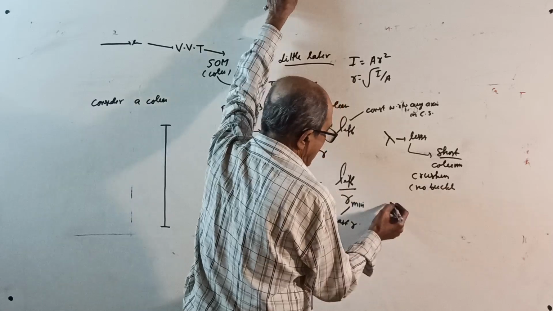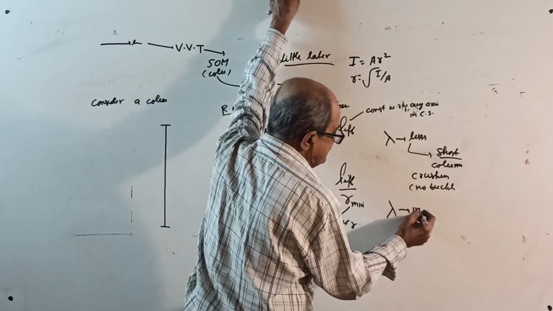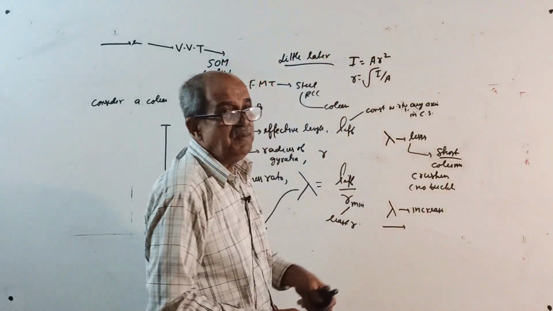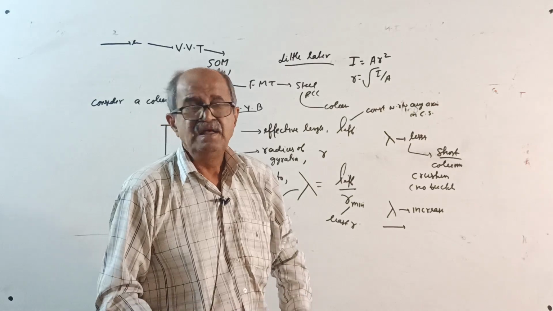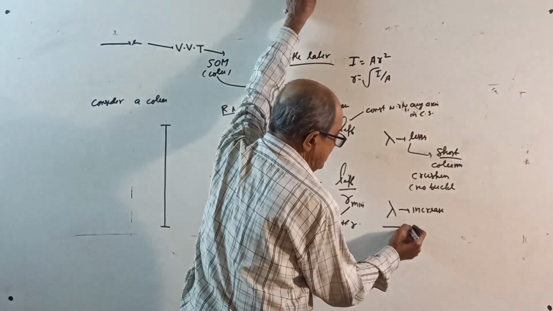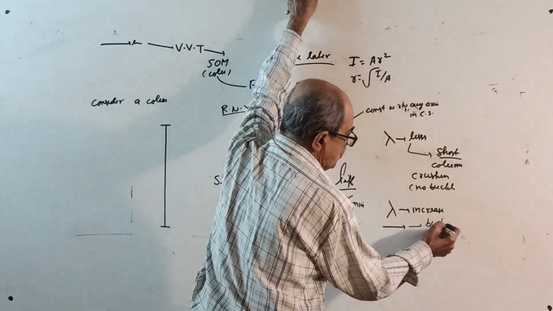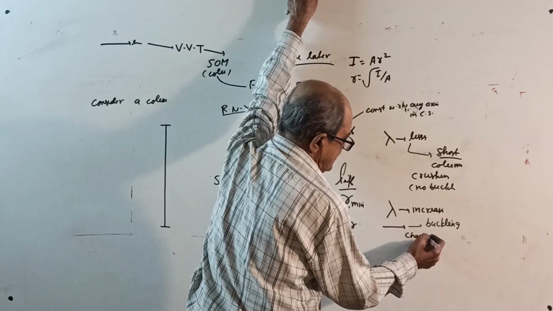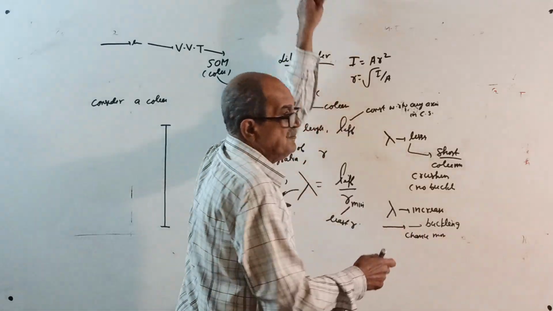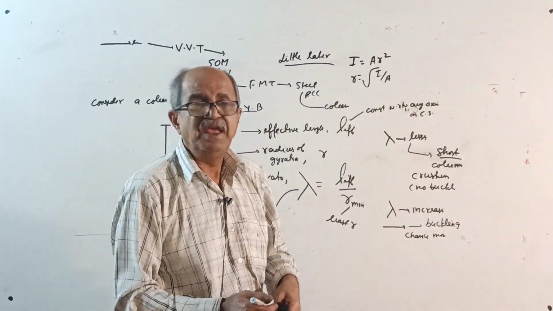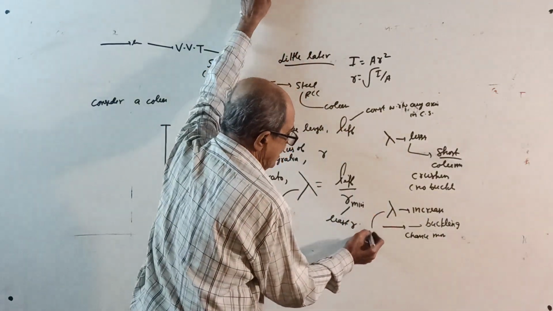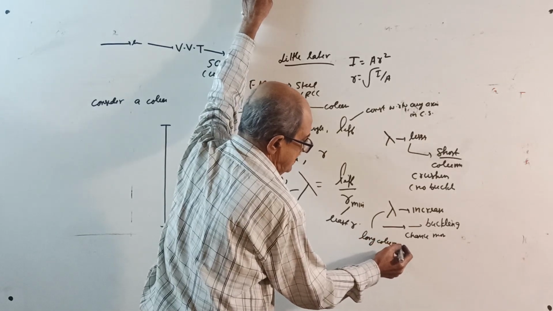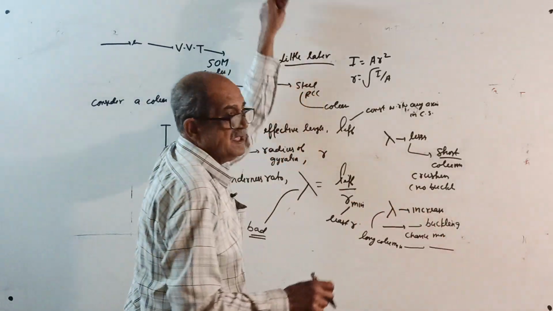And as lambda increases, the column will tend to become more and more slender. Therefore the buckling chance is more. And as lambda becomes very, very high, that column is called a long column. It will fail only by buckling.